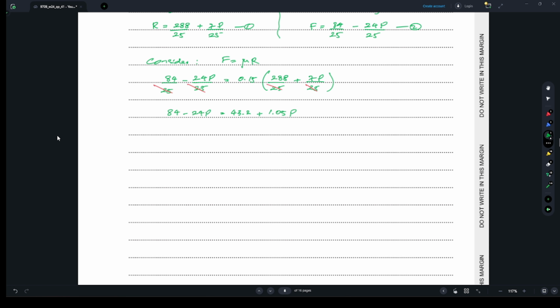And with this one we can take 24P to the other side, so then it's plus, so it's 25.05P equals 84 minus 43.2, which is 40.8, and so P equals 40.8 divided by 25.05.